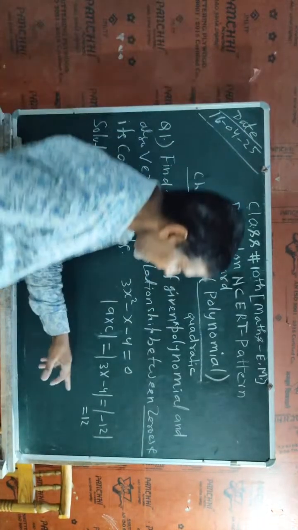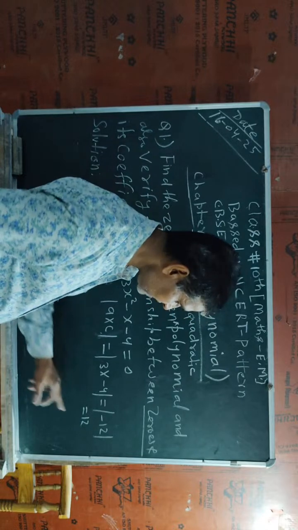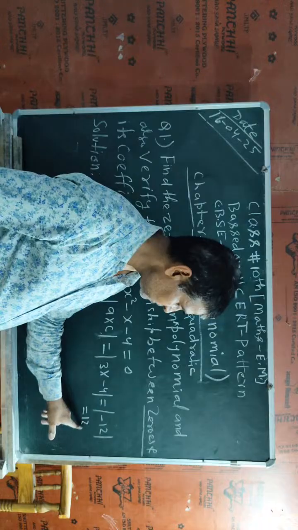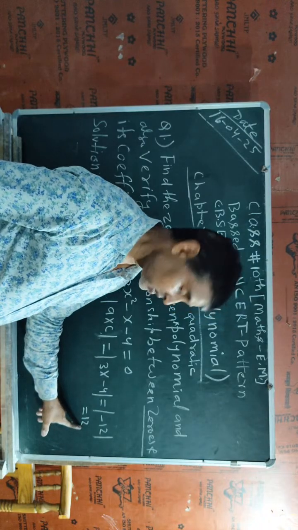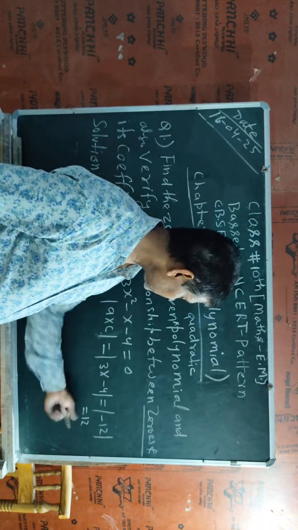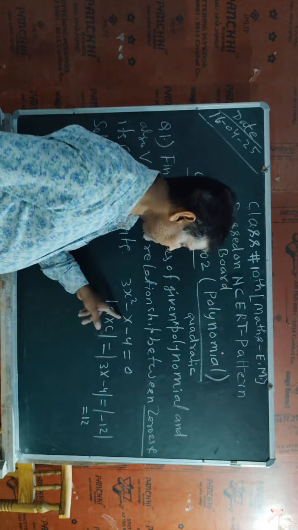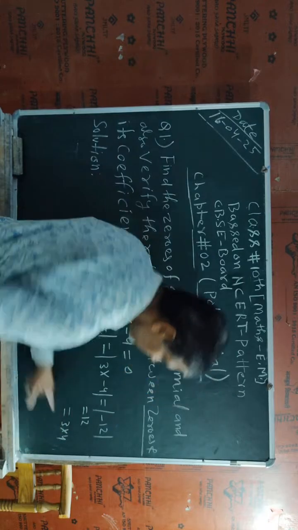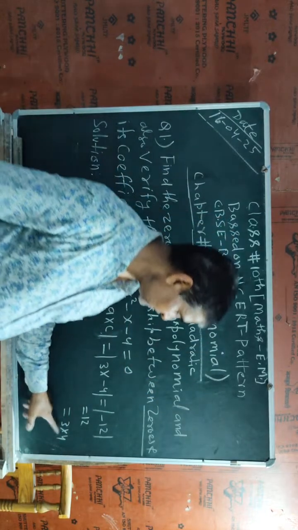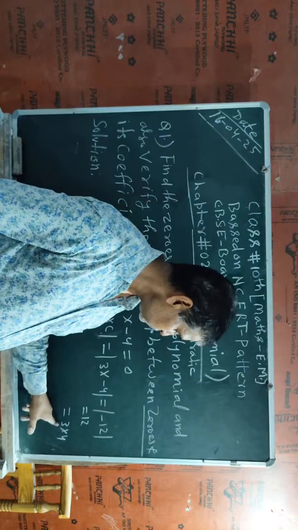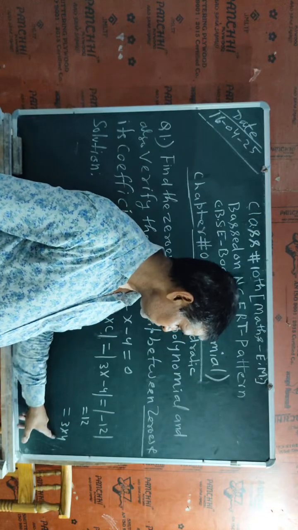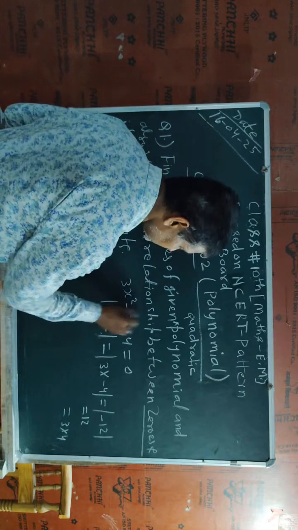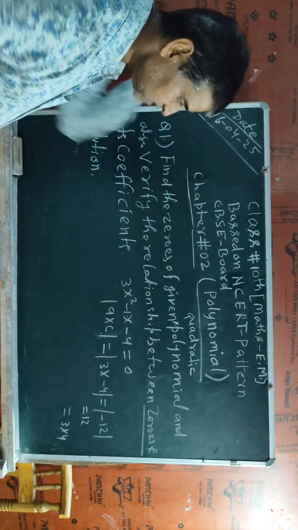Now I will divide it into two parts, so that after multiplication we get 12, and after subtraction we get the coefficient of x. If we multiply 3 into 4, it becomes 12, and if I subtract 3 minus 4, it becomes minus 1, because the coefficient of x is minus 1.